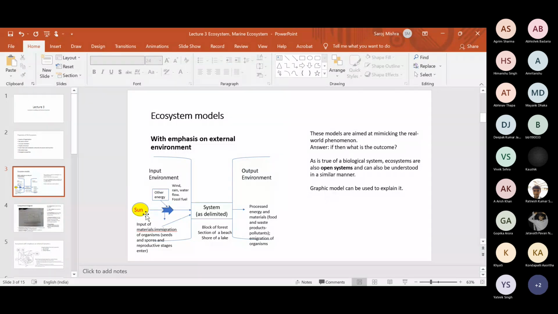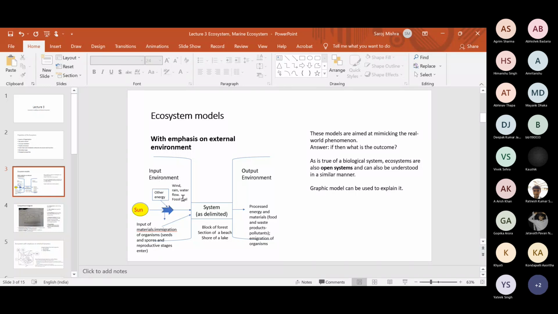Okay, so I will again take the same examples: you could be dealing with a pond or a lake or a beach, for example, which is a small ecosystem, but it is the energy which is constantly entering. Apart from sun, there could be other sources of energy also, which are written here. For example, the wind energy, the rain, which comes with water, or water flow at a very high intensity, or fossil fuels, etc. So all of these are also constantly entering into the ecosystem.